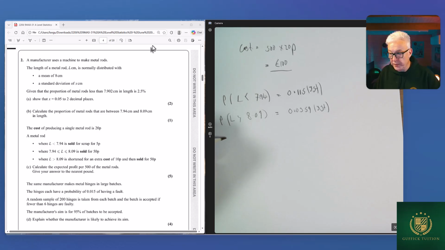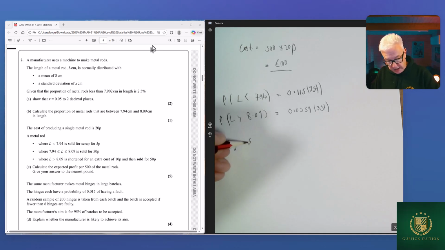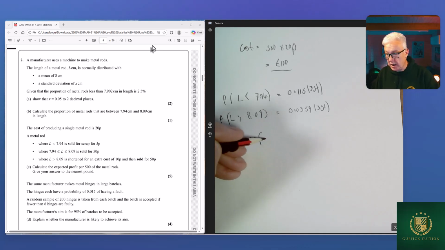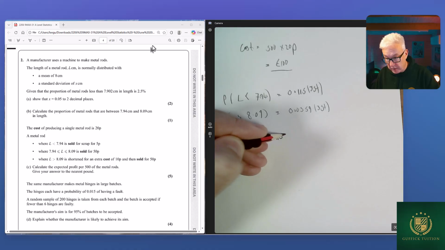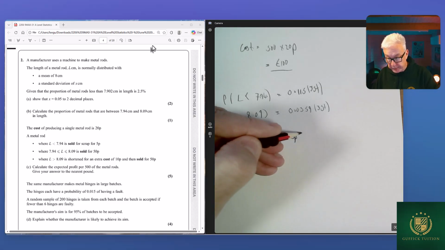Okay, so how much money are we going to get from selling them? From selling the 500, we're going to get 500 times the probability of them being less than 7.94, which is 0.115, and we're going to multiply that by 5p.